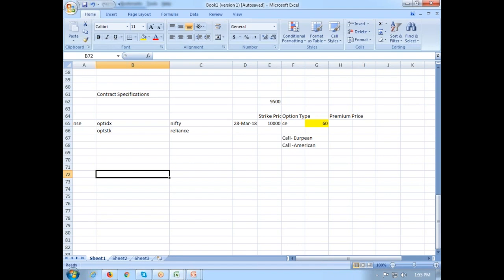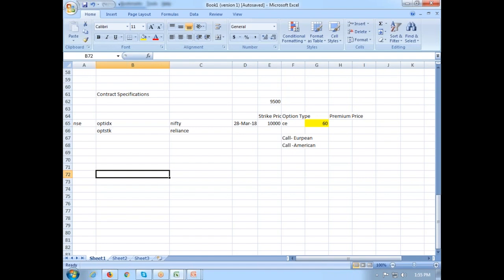But for those who are beginning, this is important. By the end of today, you should be confident that if I buy a call option, I am looking for upside in the market. If I'm buying a put option, I am looking for downside in the market.